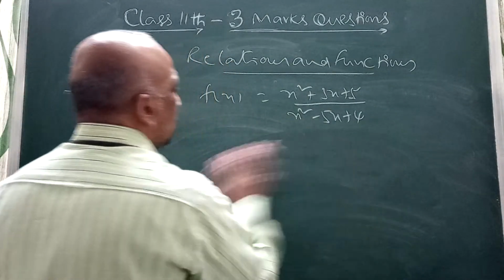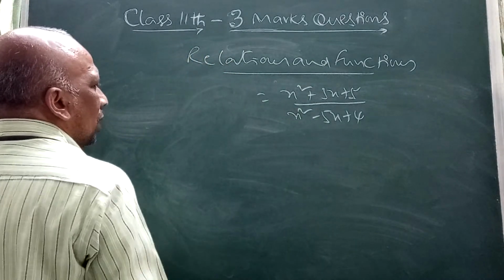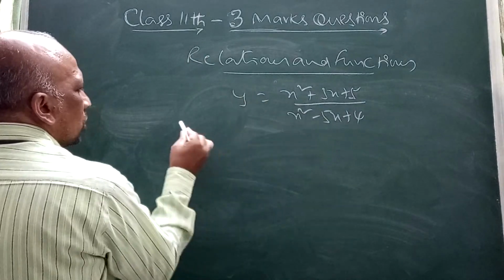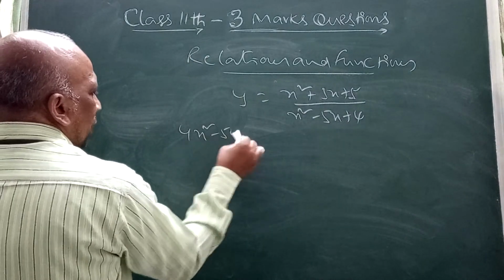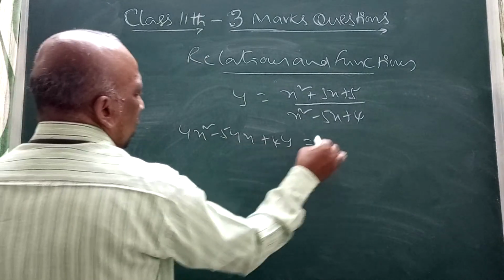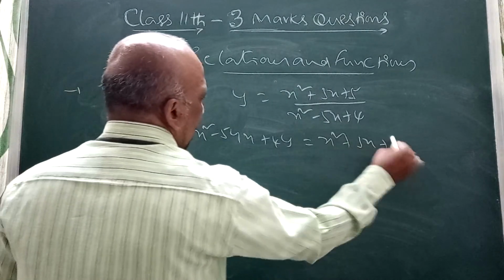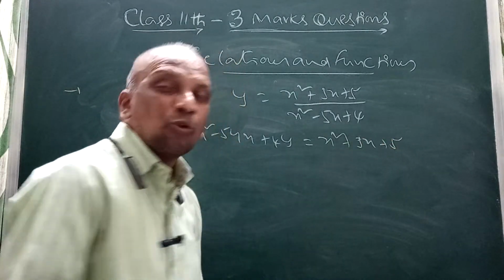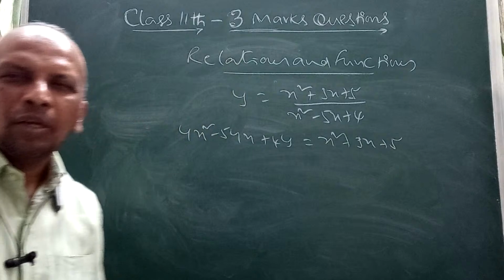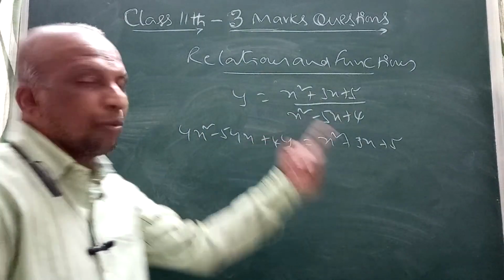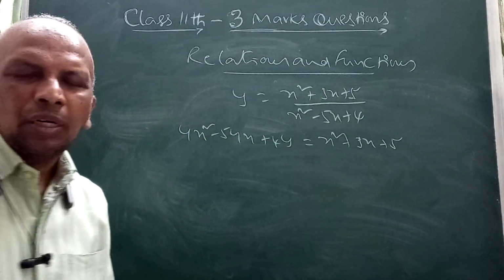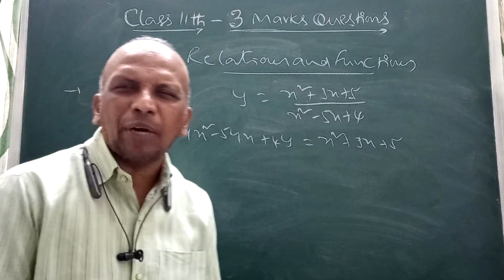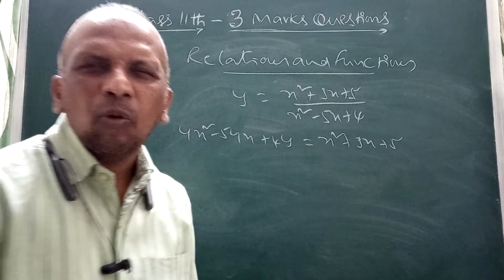To find the range of this function, conveniently I will take y equal to this and do cross multiplication: yx² - 5yx + 4y = x² - 3x + 5. If they ask range in CBSE, they may ask this type of question. What is the range of this one?